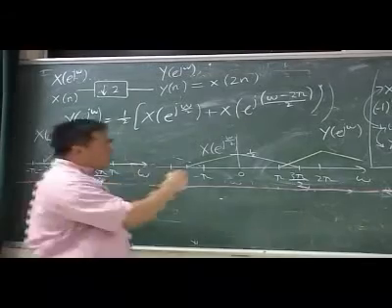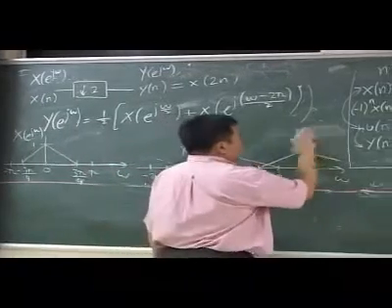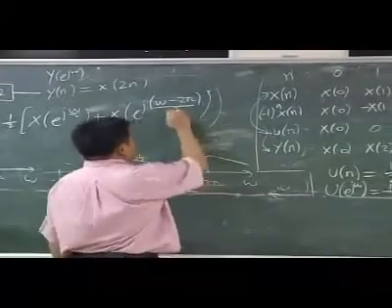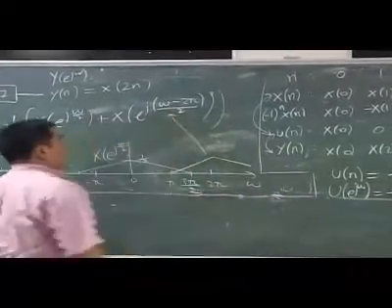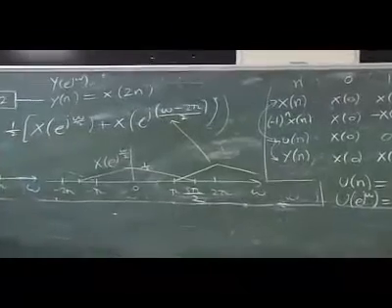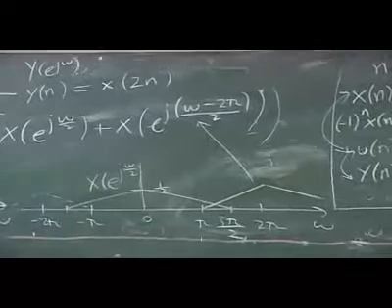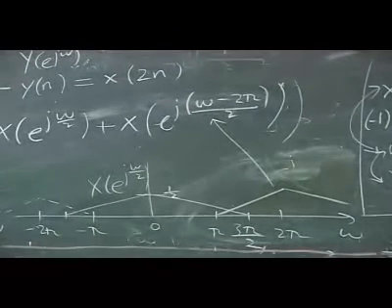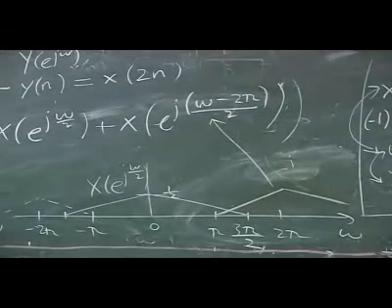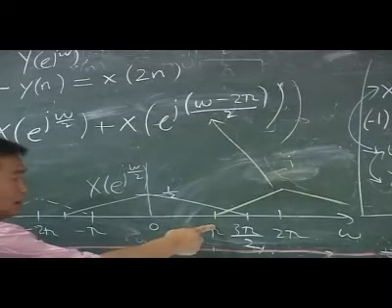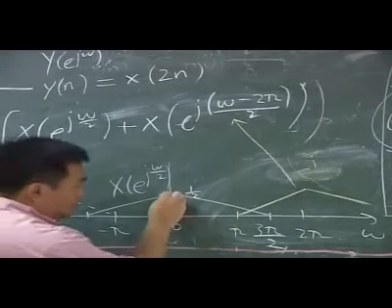This yellow curve here is x of e to the j omega over 2. And what's y? y is the sum of these two. So let me draw the sum of these two. Okay? It's very clear that from 0 to pi, there's no overlap. So it's okay in here.